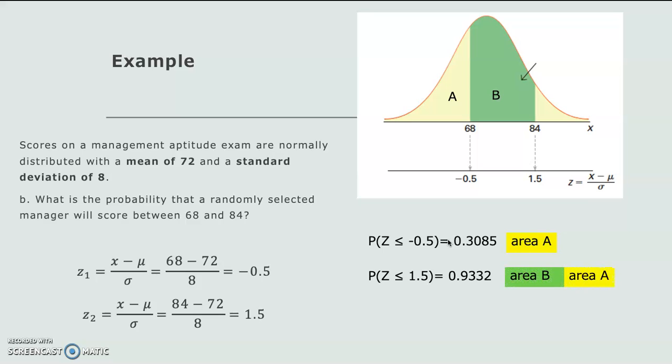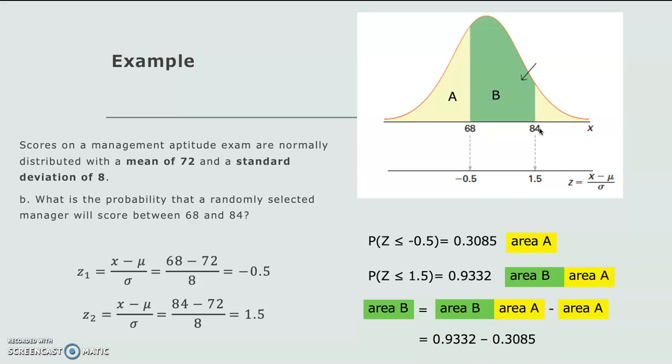But since we are looking for the probability between 68 and 84, we are actually looking for area B only, the green shaded area. To find it, we just need to subtract the probability of area A from area A plus B. And it's just 0.9332 minus 0.3085, which equals 0.6247.